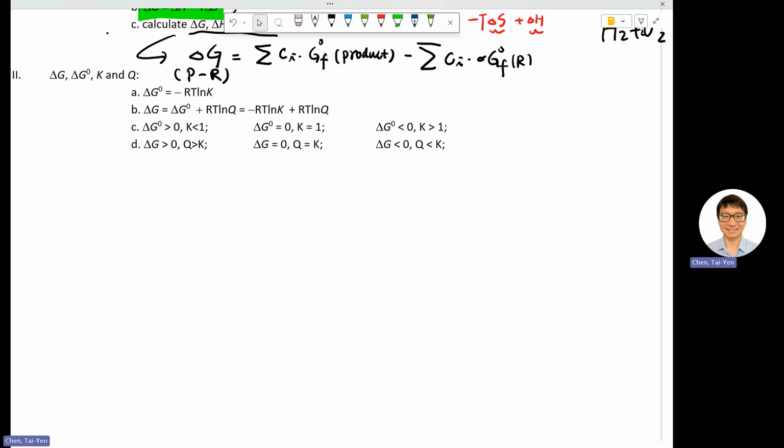If delta G is negative, it moves to the product side. If delta G is positive, it moves to the reactant side. But if delta G equals 0, it is at equilibrium. This is a critical concept. Every time you see a statement that a system is at equilibrium, that means your delta G equals 0. It's always true.